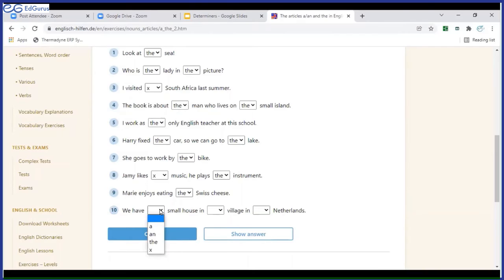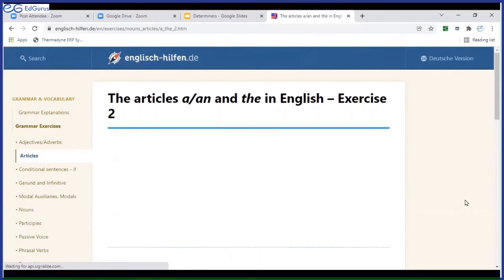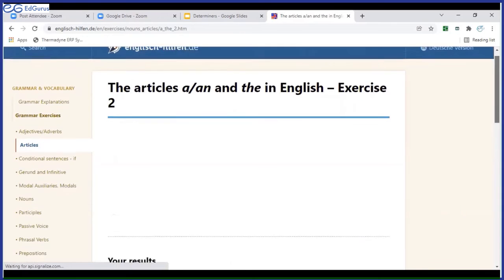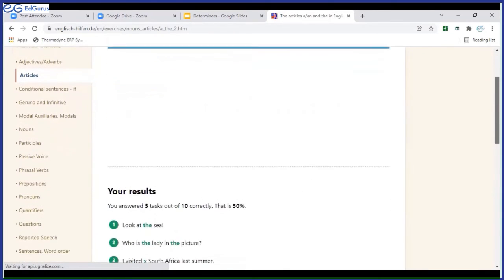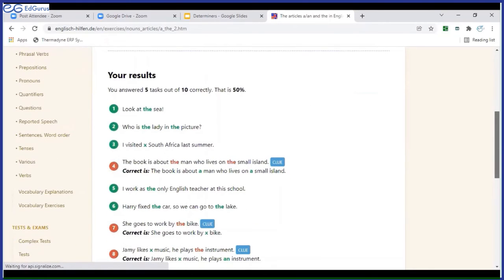We have a small house, in a village. X. Right. Fine. Now should we check? Yes. Only 50%. Anyway, you will see the corrections.